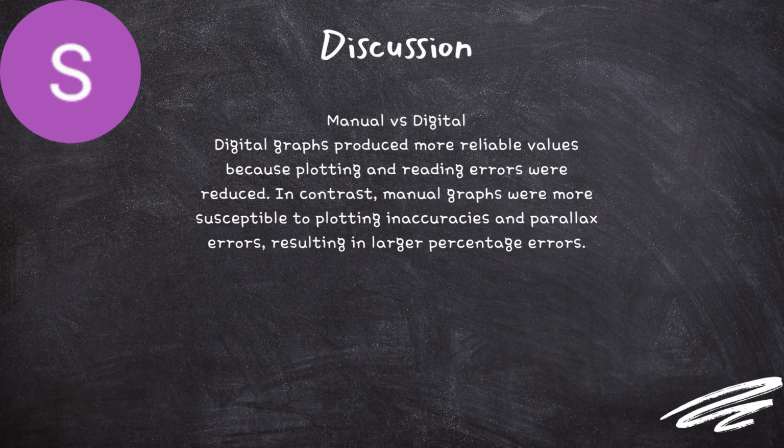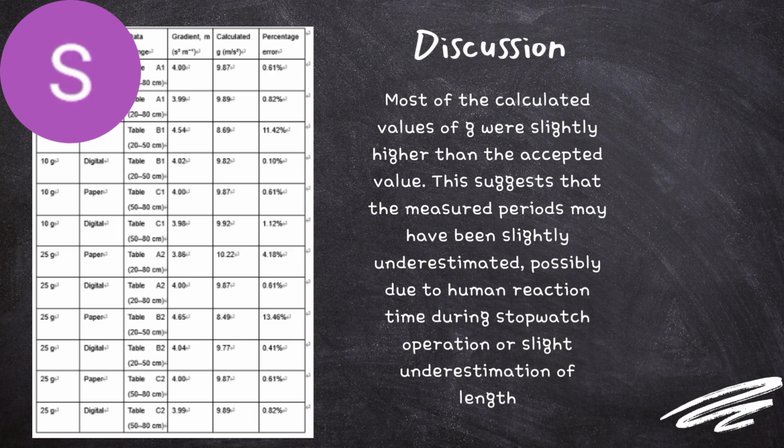In contrast, manual graphs were more susceptible to plotting inaccuracies and parallax errors, resulting in larger percentage errors. In this table, this is the data of the calculated local acceleration due to gravity.